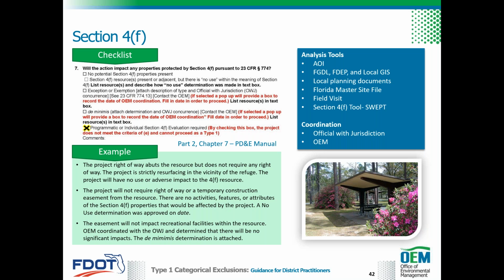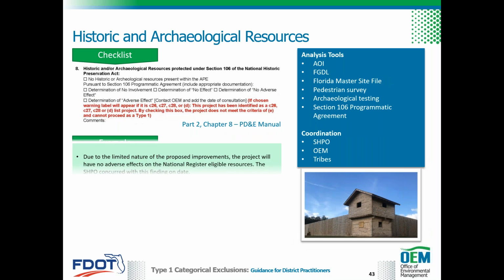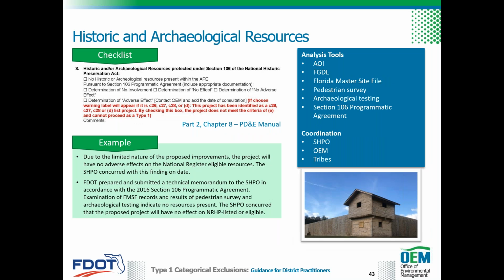Guidance on documenting analysis and consultation on Section 4F impacts is provided in Part 2, Chapter 7 of the PD&E manual. Now, Section 106 of the National Historic Preservation Act requires federal agencies to consider impacts to historic and archaeological resources.